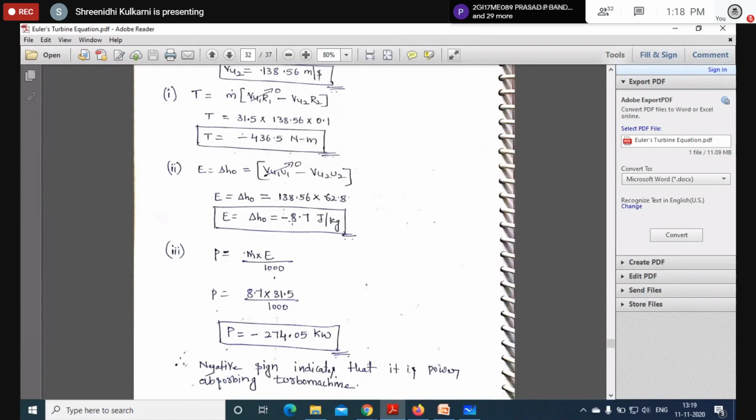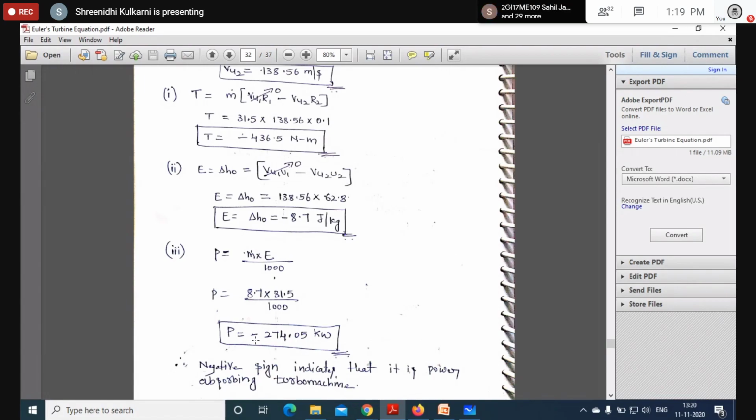Once we get a negative sign, we call it a power absorbing machine, not a generating one. If positive, we call it a power generating turbo machine. Negative sign indicates a power absorbing machine, whether it is a pump or a compressor.